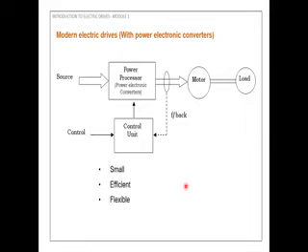There are five types of power converter: AC to DC converter or rectifier, DC to AC converter or inverter, DC to DC converter or chopper, AC to AC converter, that is AC voltage regulator, and finally cycloconverter, that is an AC voltage controller with change in frequency. Any kind of converter can be used in the power electronic converter block.